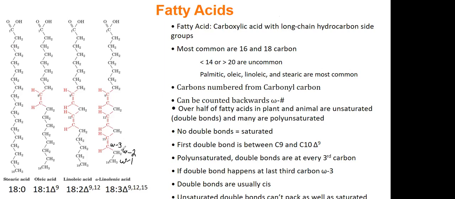Now, if you have a double bond at the omega-3 carbon, we call that an omega-3 fatty acid. Those of you who like reading about health and nutrition, you've probably heard of omega-3 fatty acids. Well, that's what it means. It just means you have a double bond on your omega-3 carbon.